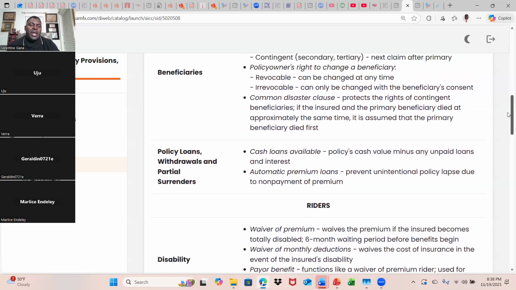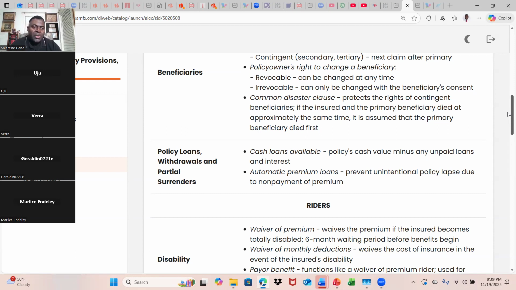But if you create a policy or a trust and you assign somebody as an irrevocable beneficiary, you cannot change it unless the person gives you written consent. If there's no written consent, you cannot change an irrevocable beneficiary. They now have vested rights in that policy.